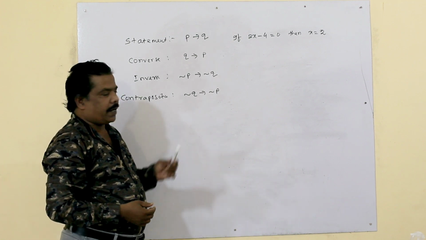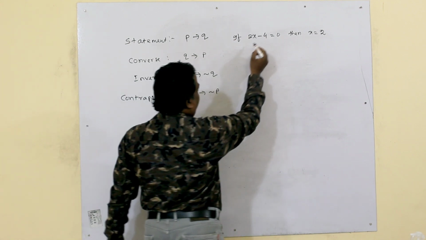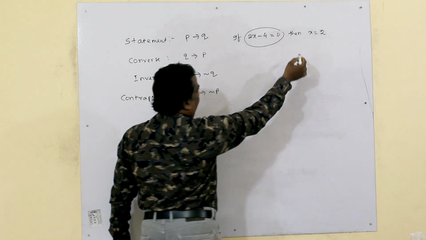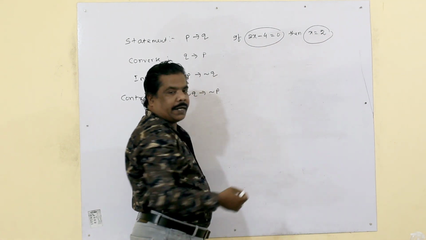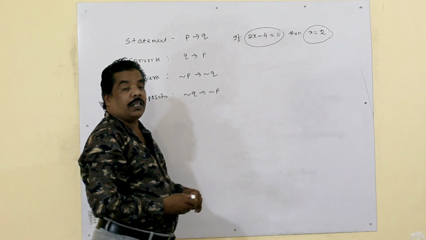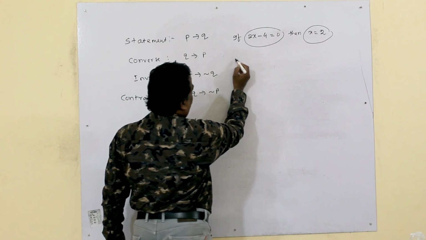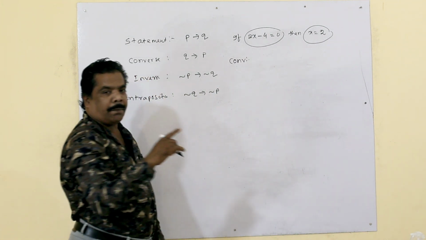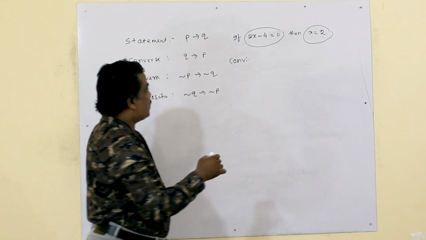Now the given statement is in conditional form, where P is 2x minus 4 is equal to 0 and Q is x is equal to 2. If P then Q, so it is in conditional form. Now write its converse. The converse of P implies Q is Q implies P.